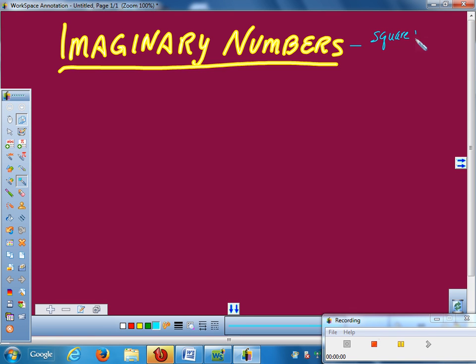Imaginary numbers are square roots of negative numbers. So, specifically, i is supposed to be what number?